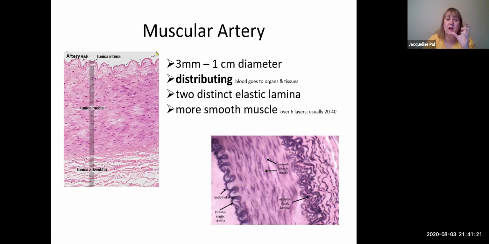Always over 6 layers, but usually 20 to 40. If I'm showing you a picture and you can see, like in the bottom right, more than a dozen, probably closer to 20 layers, that's going to be a muscular artery. Most, but not all, of our named arteries are going to do this, because some of our named arteries are still those bigger ones coming off of the aorta.